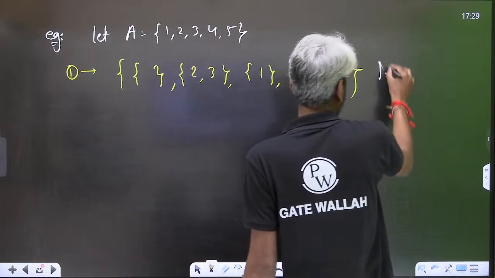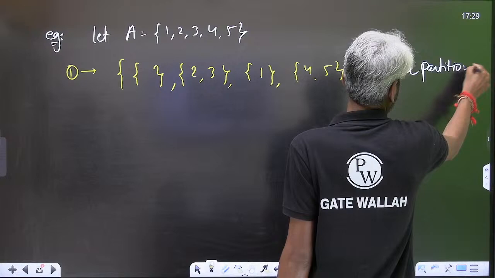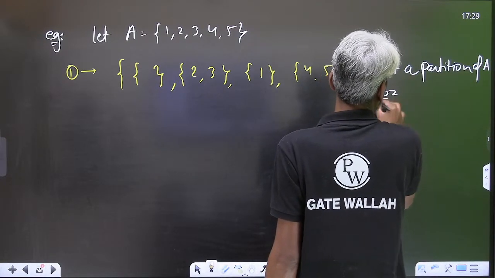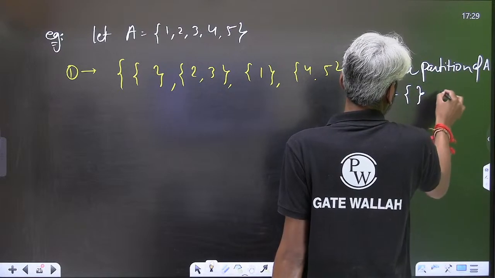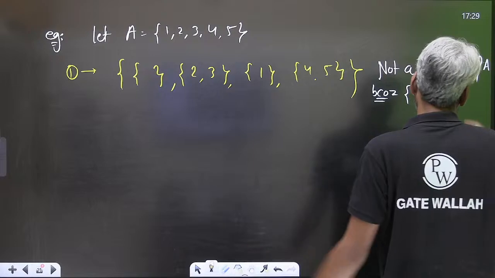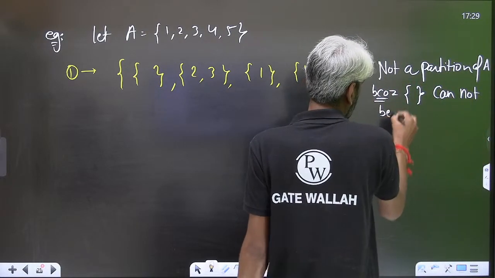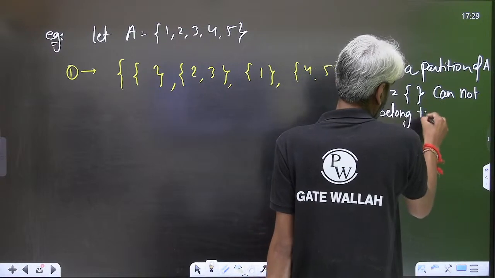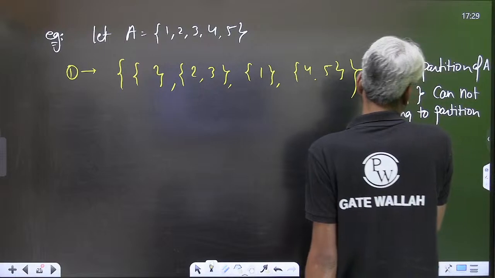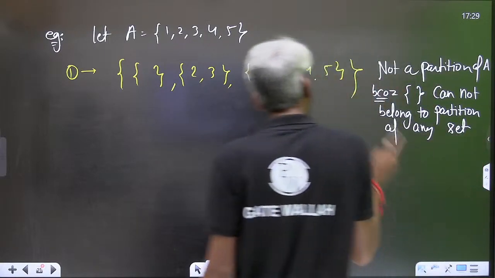This is not a partition of A, because the empty set cannot belong to it.